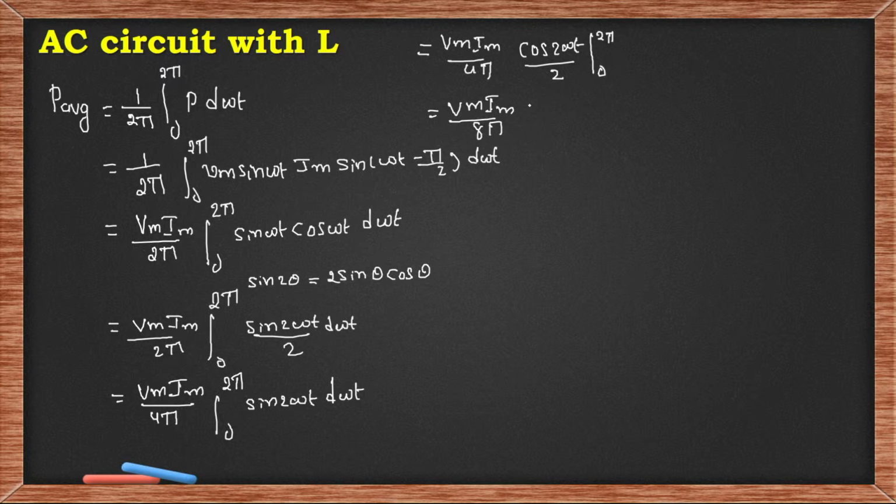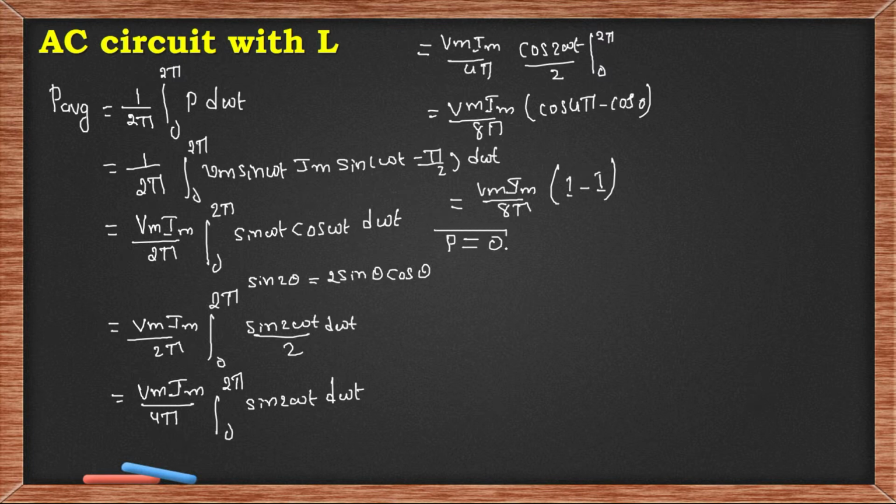Let us substitute the limits: cos(2 times 2 pi), that is cos 4 pi, minus cos 0. Cos 4 pi is plus 1 because it is an even multiple of pi, and cos 0 is always 1. So 1 minus 1 is 0. Therefore the average power in a pure inductor is 0.